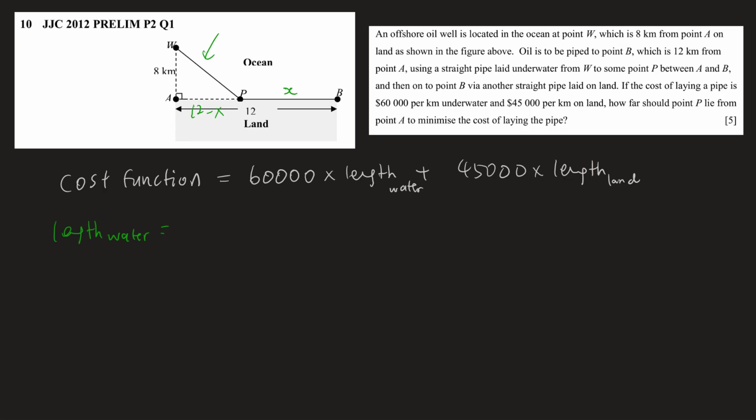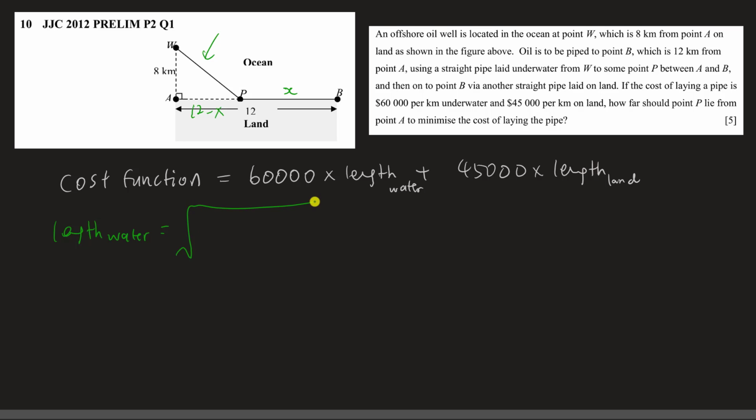So the length of the underwater pipe would be just the square root of 8 squared plus (12 minus x) whole thing squared, which will give you 64 plus 144 minus 24x plus x squared, which simplifies to x squared minus 24x plus 208.